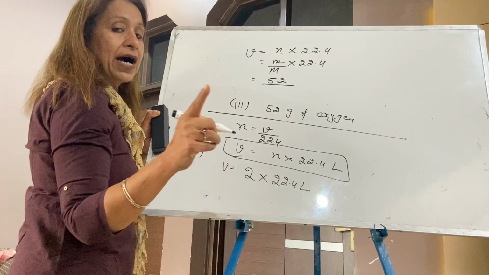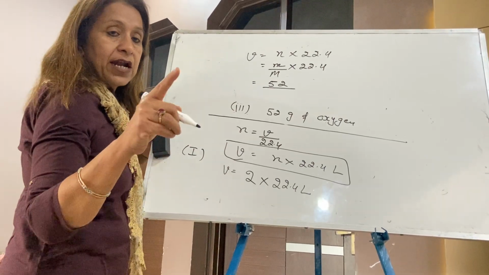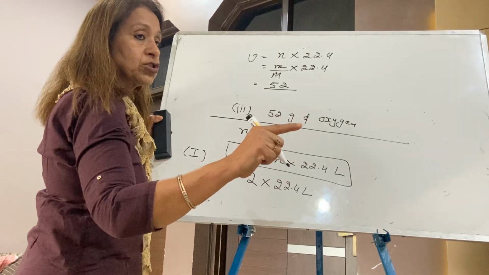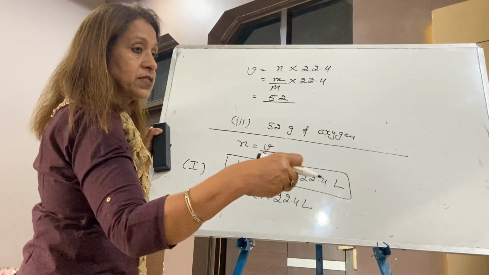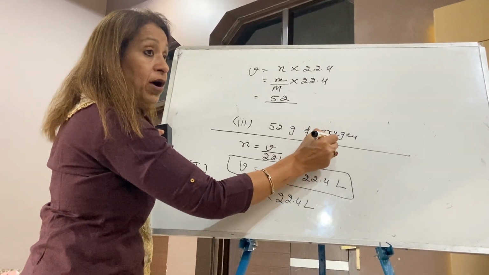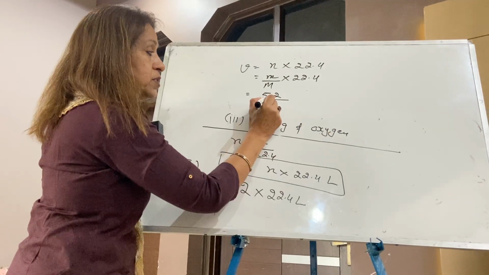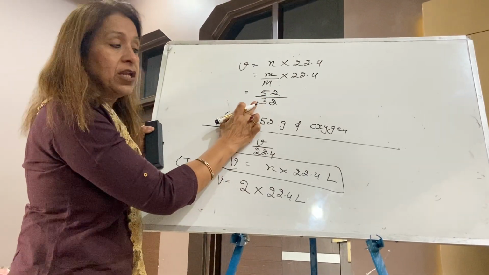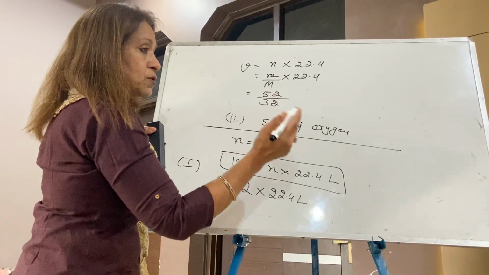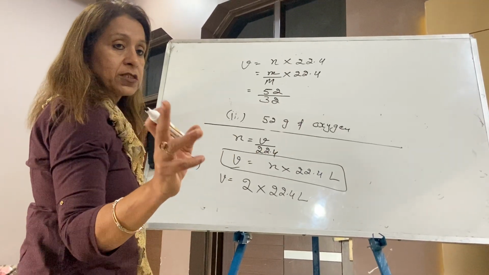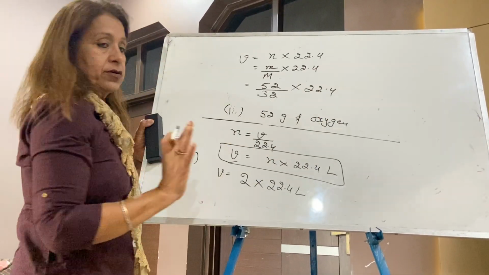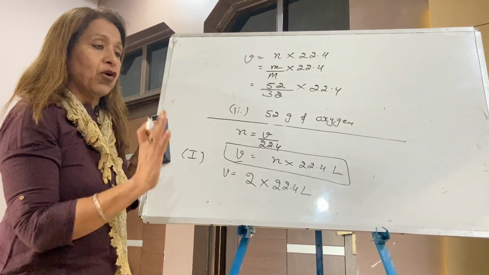Remember, volume is always related with gas, and gas is related with molecules. So this is a molecule, and you put the molecular mass, not the atomic mass. So it is 32, not 16, because volume, gas, molecules. The smallest particle of the gas is not the atom, it is the molecule. So into 22.4 liters. This is the way to calculate volume.